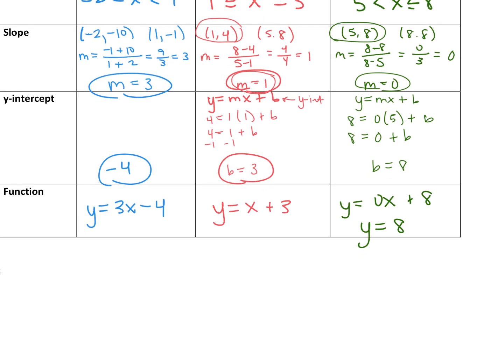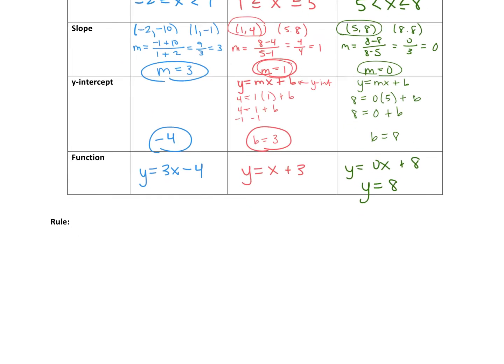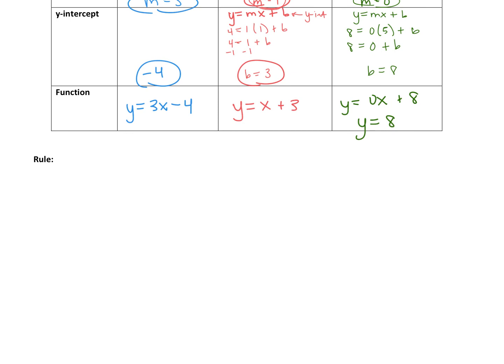All right, now let's write the rule. Piecewise function, final answer. f of x equals a big bracket. We have 3 segments. For the first segment, we're just going to pull this 3x minus 4. We don't need the y equals because we already have f of x equals.